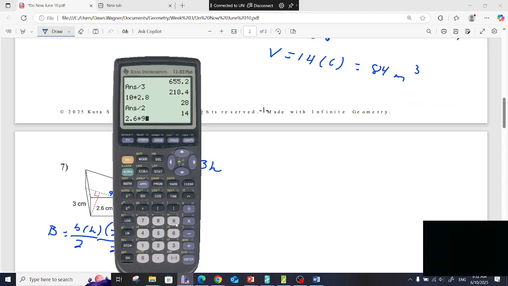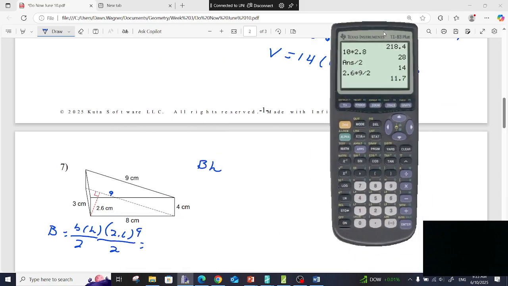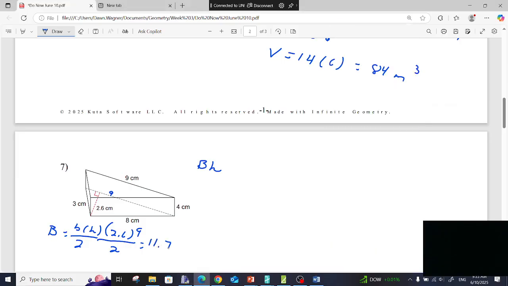What's 2.6 times 9 divided by 2? And then I'm multiplying this by the height. So that would be 11.7. Now the height that this formula is talking about is not the height of the triangle. It's the distance between the two triangle bases.